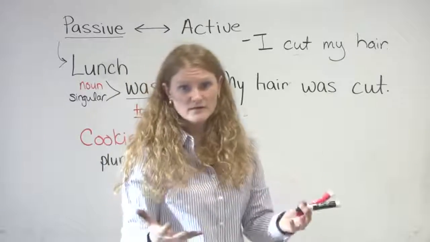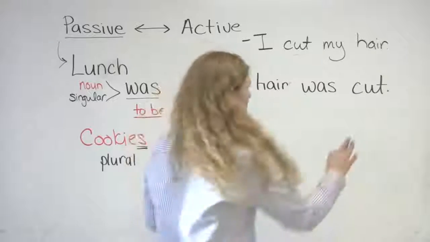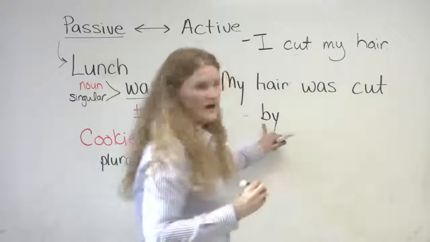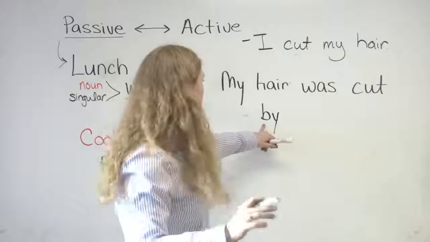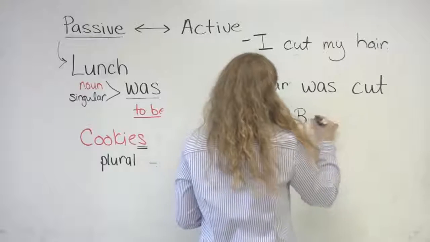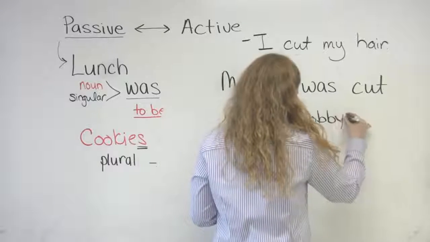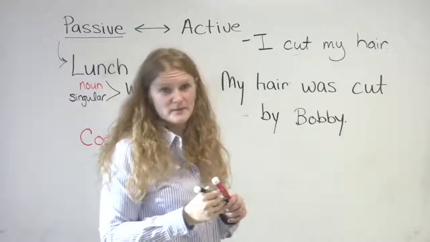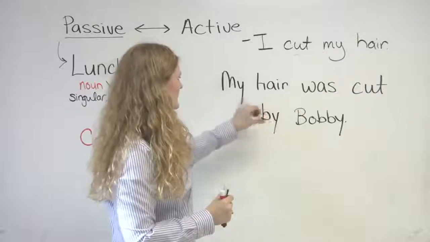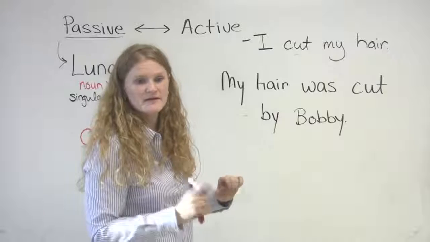If you wanted to include who did it, you can say by, and then the person. So for example, I can say my hair was cut by Bobby. Bobby the barber cut my hair. It's active, but you can say my hair was cut.